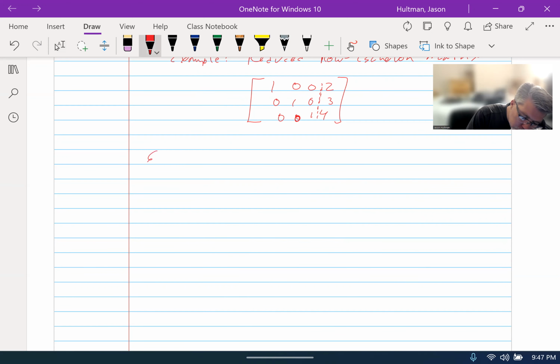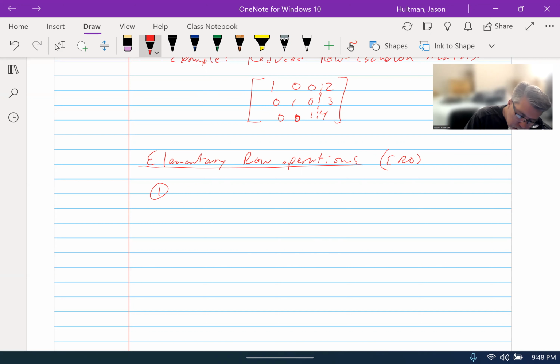Okay, let's talk about elementary row operations, or what they call ERO. There are three operations that we can do within a matrix.